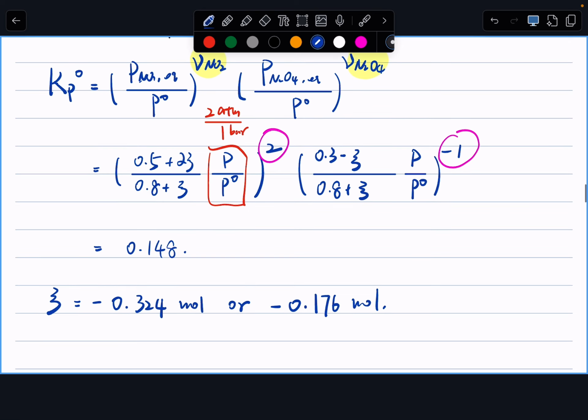For example, if we say we calculated my C equilibrium equals negative 3.4 mole. Now, if we look at my NO2 with a stoichiometric coefficient of 2, the maximum extent we can get is 0.5 divided by 2, so 0.25. Now this one is smaller than my 0.25 and hence not a valid answer, an unphysical answer.